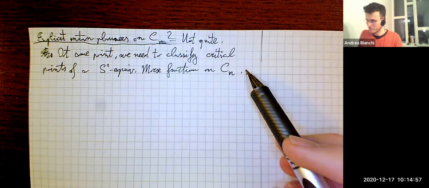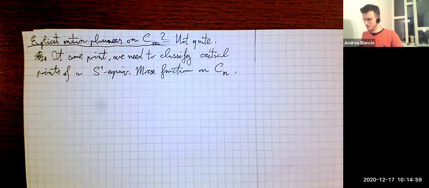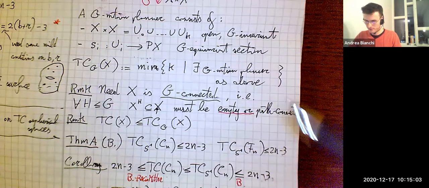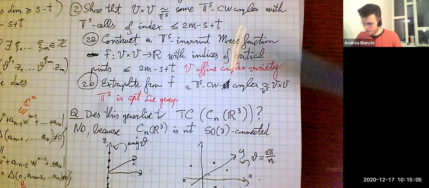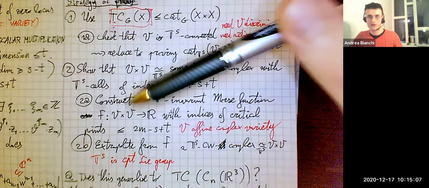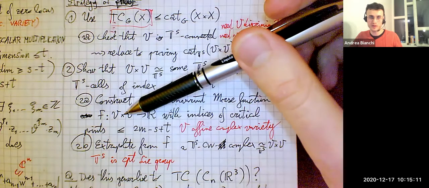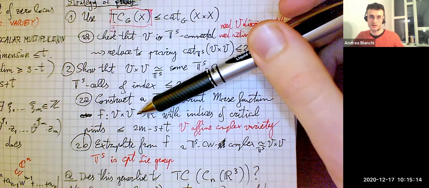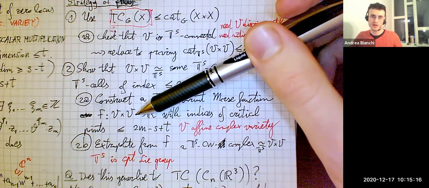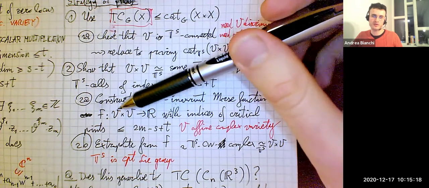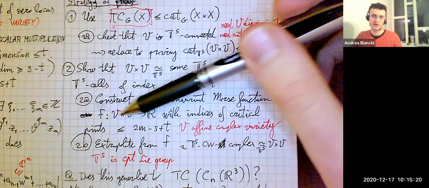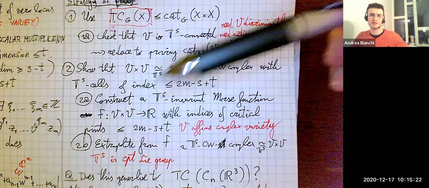You will remember maybe that in the proof the invariant Morse function was defined on the product V times V. But how I really construct this Morse function is from a function that is only defined on each factor, and then I combine this function.